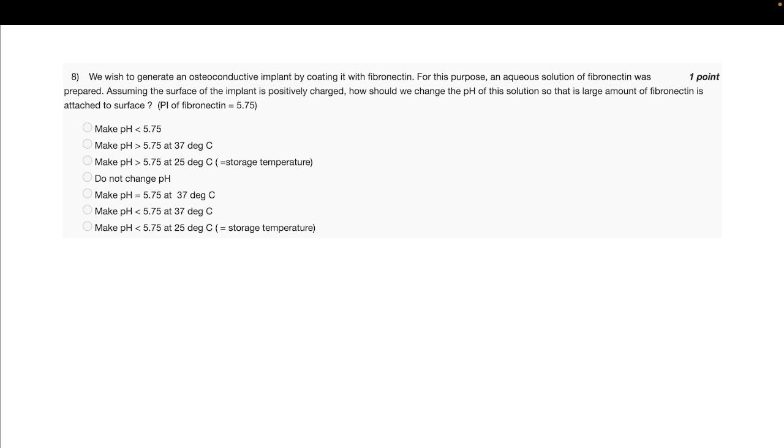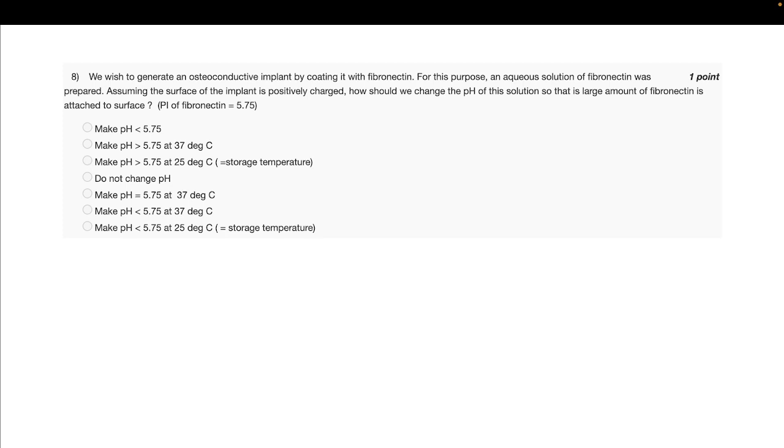Okay, thanks for answering. 37 degrees Celsius, that is the normal body temperature. Yeah, that makes sense. Okay. Any explanation for the pH? Why should the pH be above 5.75?